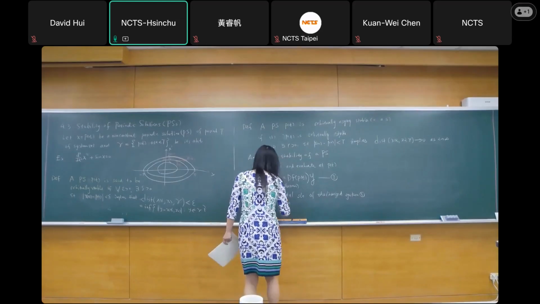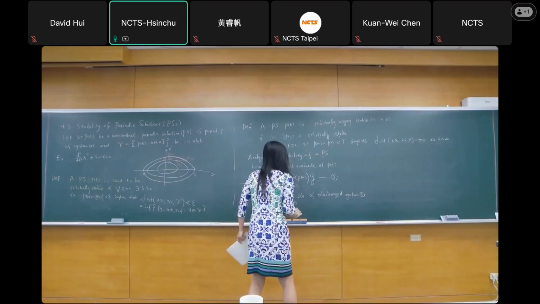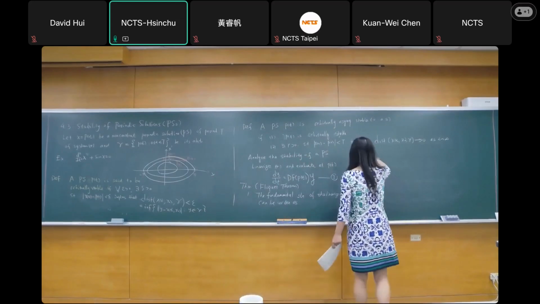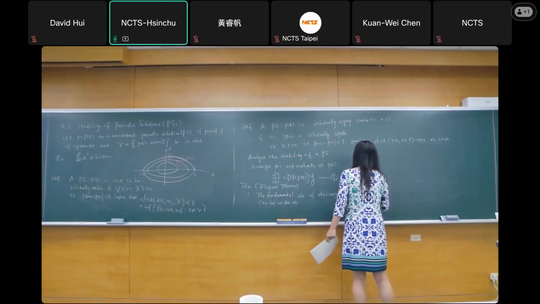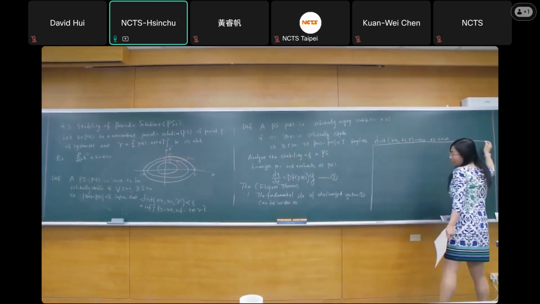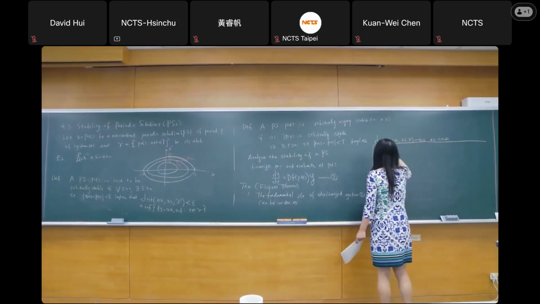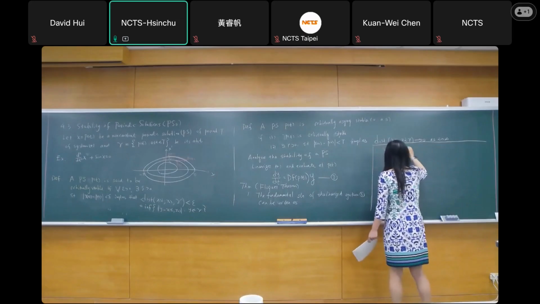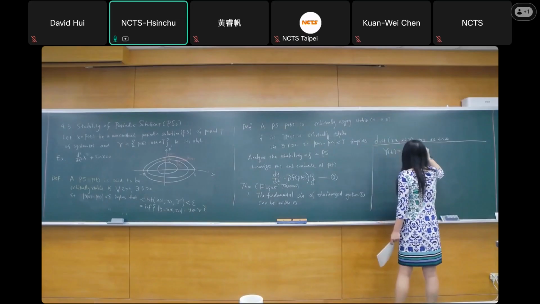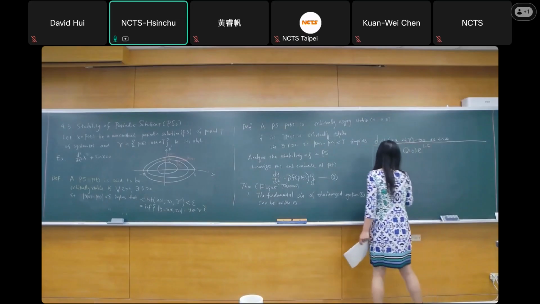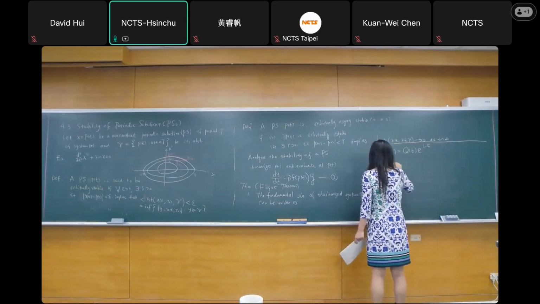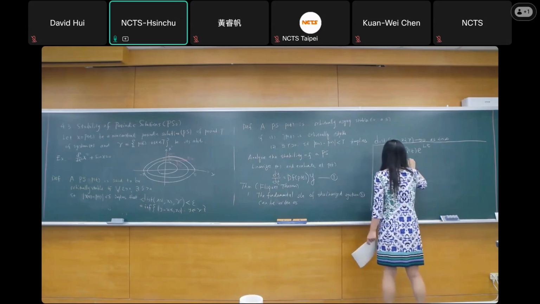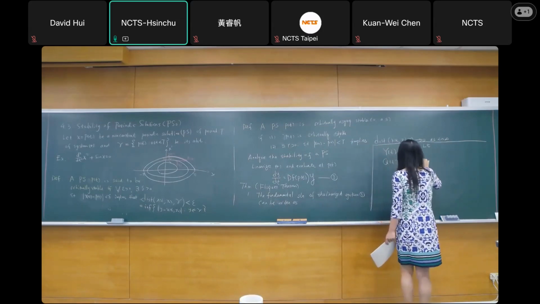So we can see how the fundamental structure looks. So let's say Y(t) is equal to Q(t) e^{Lt}. What's Q? This is an n by n matrix function.